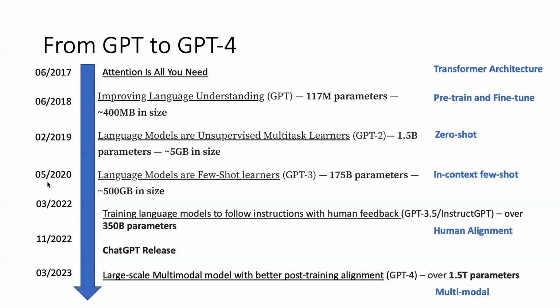And then, after almost two years, they proposed InstructGPT, also named GPT 3.5. This model is an extension of the GPT-3 model, but it is mainly focused on how we can further adapt the model to human preference. For example, we need to make sure that the language is not toxic, right?